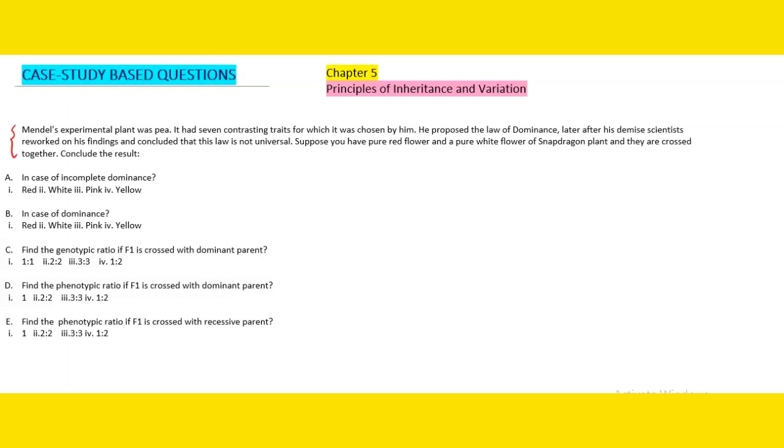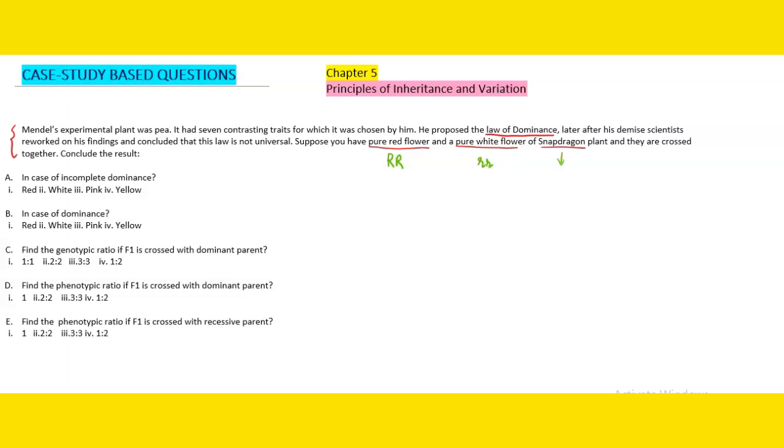They are talking about the law of dominance, a pure red flower, a pure white flower, and also snapdragon. Pure red means homozygous dominant condition. Pure white means homozygous recessive condition.